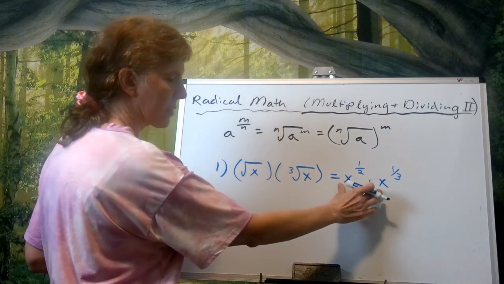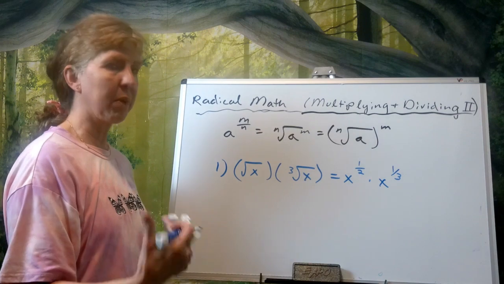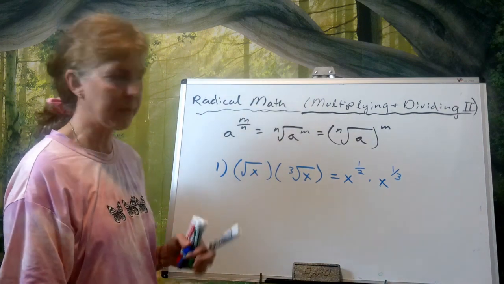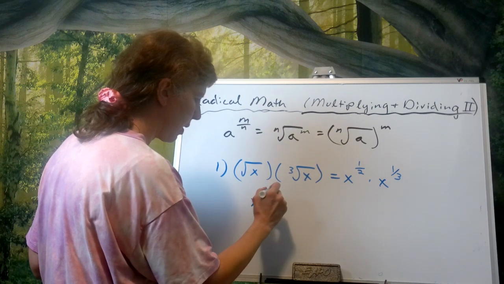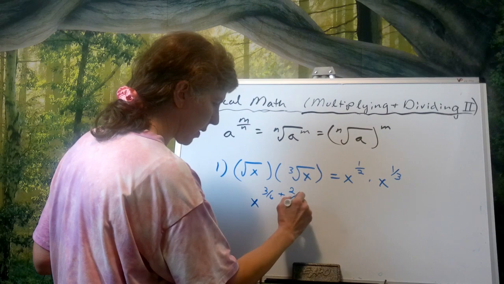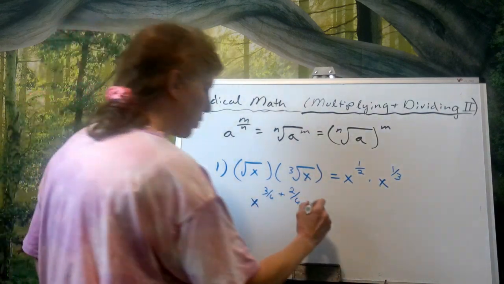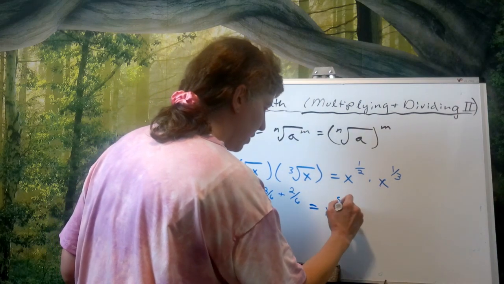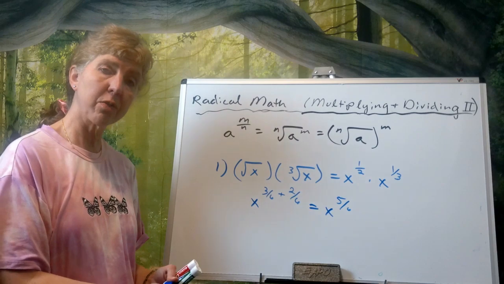Now, because my bases are the same, I can add the exponents because I'm multiplying. But remember, when you're adding fractions, you need a common denominator. So this would be x to the 3/6 plus 2/6, because I'm changing both of them to 6, my common denominator, which would give me x to the 5/6. That's your answer in simplest fractional form.